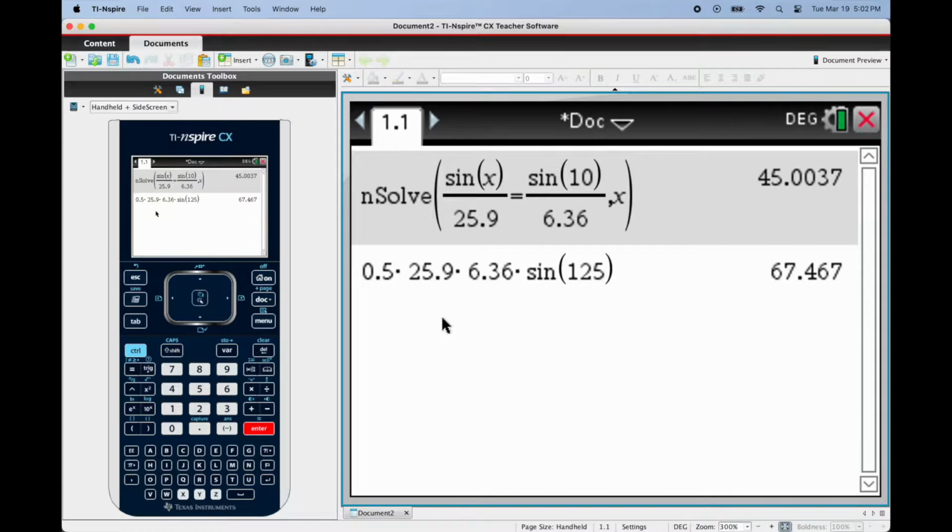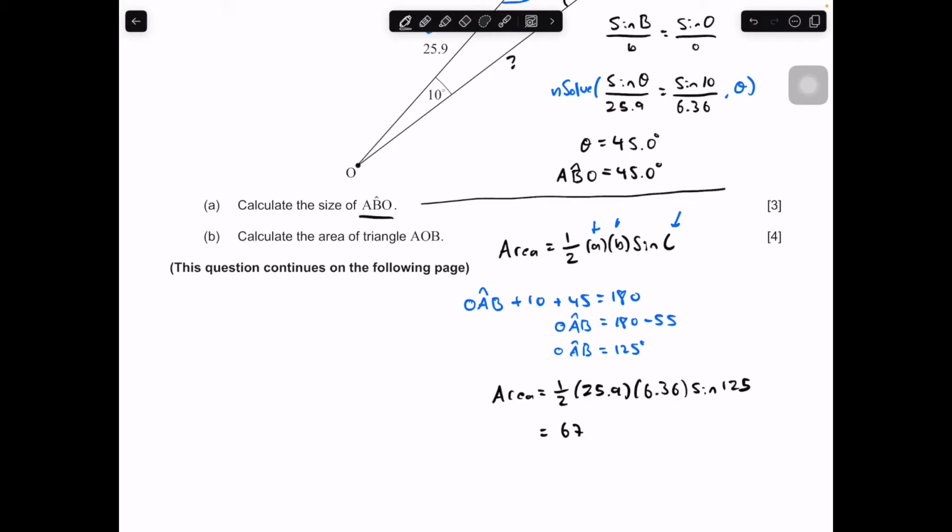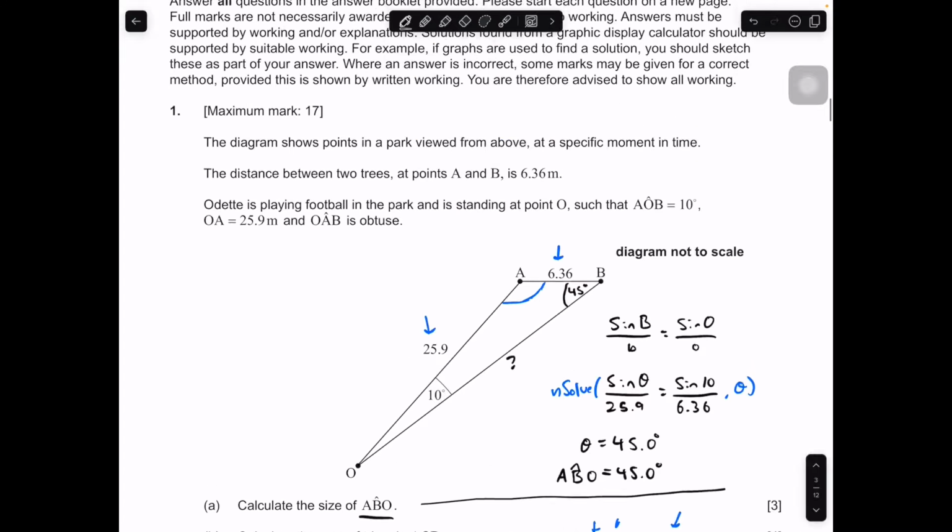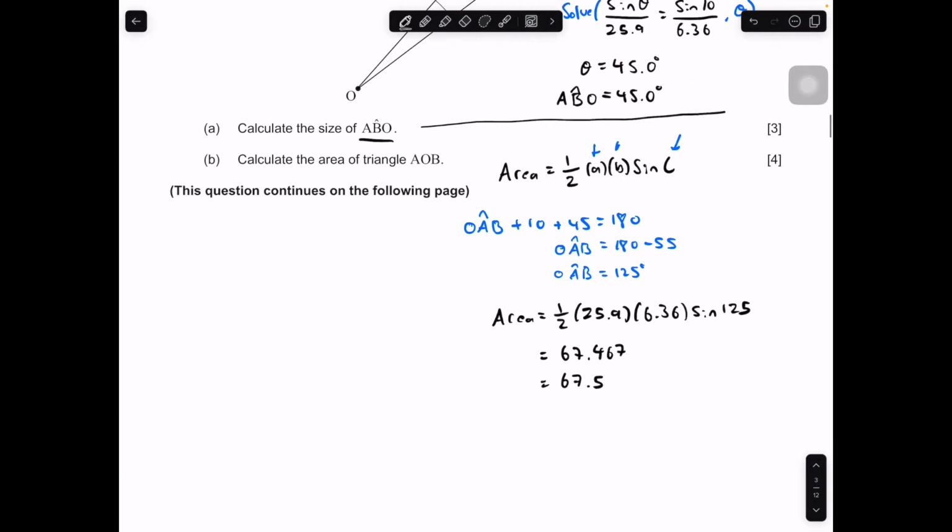To 3 sig figs, this would be 67.5. So I'm going to write it all out: 67.467, which we would then round to 67.5. Okay. Not bad so far. Units, I think we're talking about meters. Meters squared.